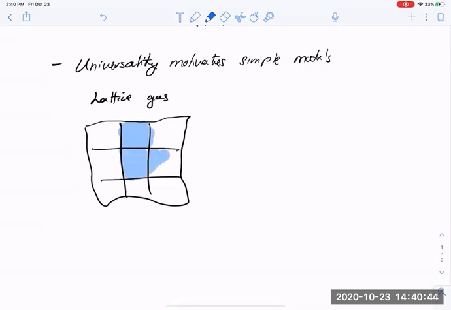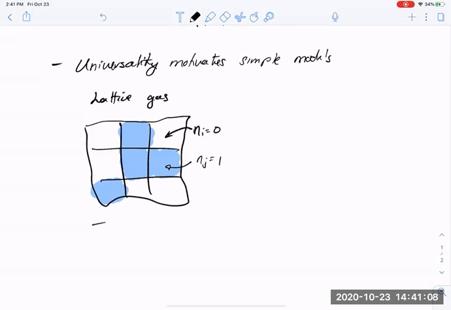In others, they would be empty. So one configuration might look like this, in which case this cell, empty, would be labeled with an indicator function n for that cell i, which was 0, while that cell there, which is filled, would have an associated indicator function, which was 1.